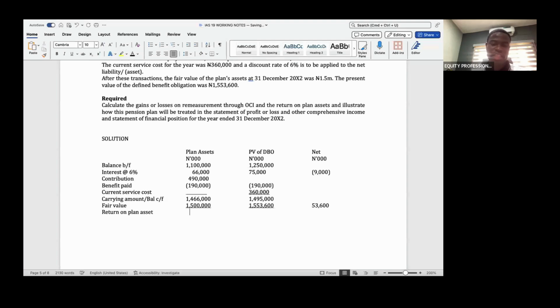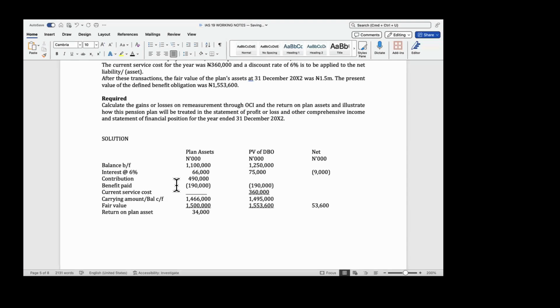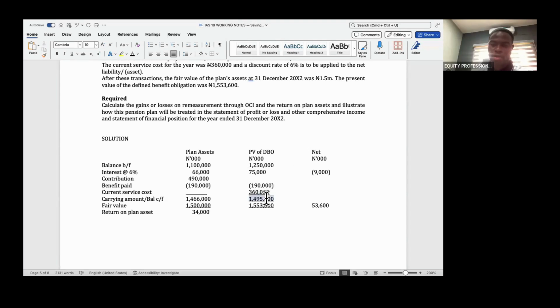So what's the difference between these two? I guess that should be 34,000. Yes, 34,000 for the asset. For the PV of DBO, you would also compare your book value from this table with the fair value given to us.